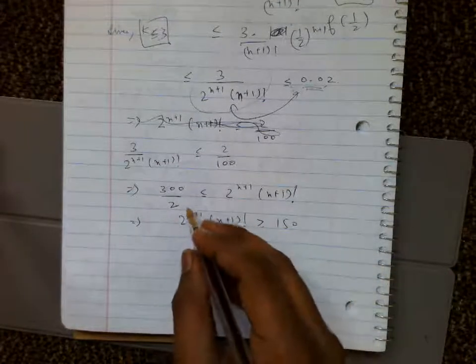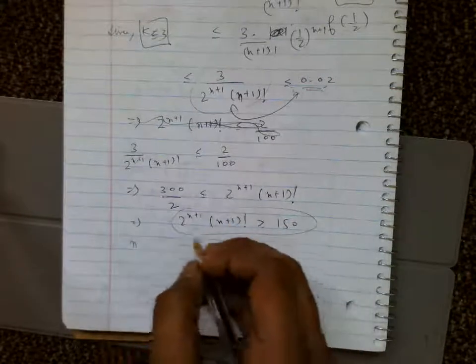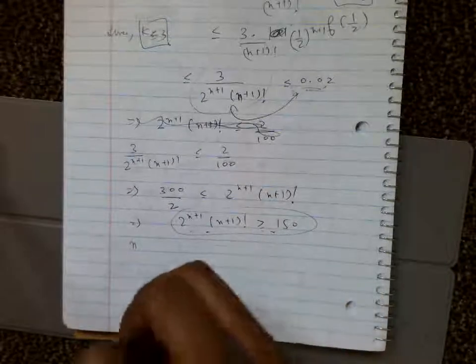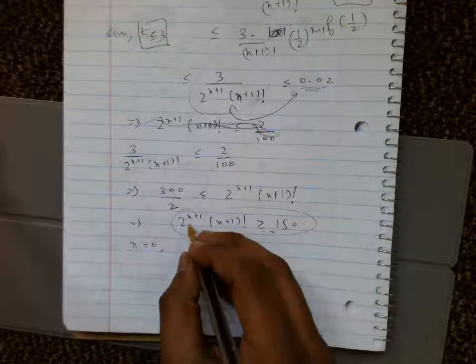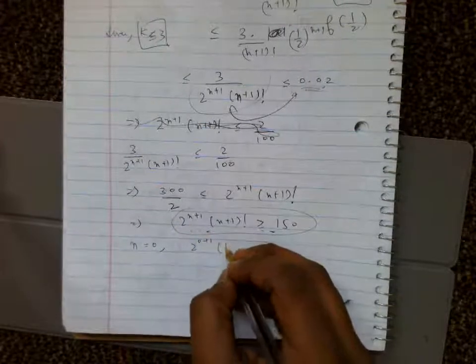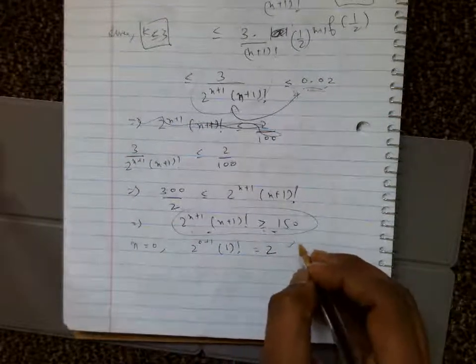And now we'll substitute values for n and see for what n this inequality is true. So first we'll check for n equal to 0. For n equal to 0, this is 2 to the power 0 plus 1 times 1 factorial, which is just 2, and this is not true.